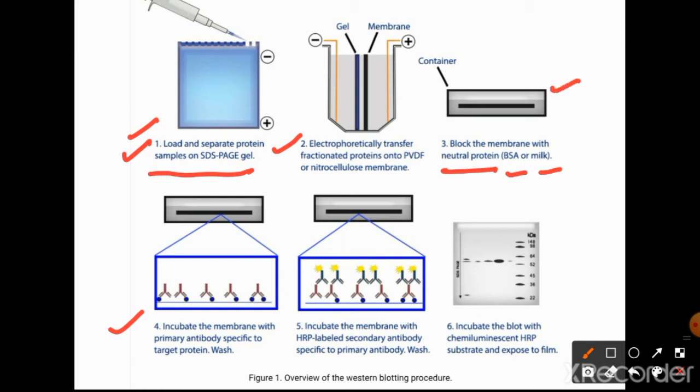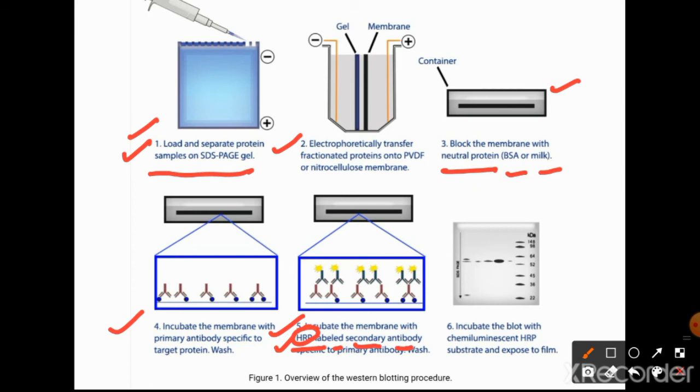Then we will wash it for the removal of excess antibody molecules that are not in a bound state. Further we will incubate the membrane with HRP labeled secondary antibody. Here HRP is horseradish peroxidase, that is an enzyme.